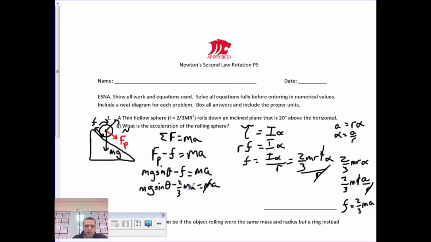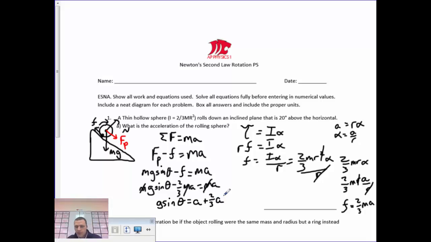Turns out since every term has a mass, it cancels. g sine theta equals a plus 2/3 a, and that comes to g sine theta equals 5/3 a, so a equals 3/5 g sine theta.